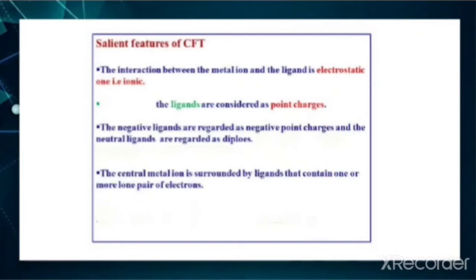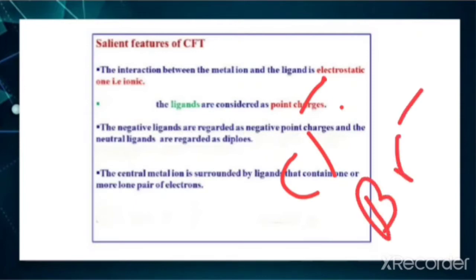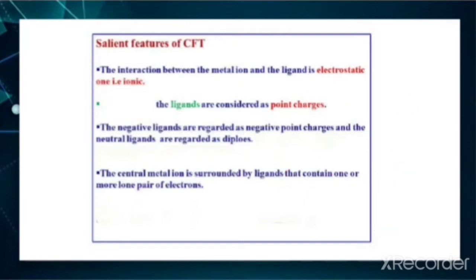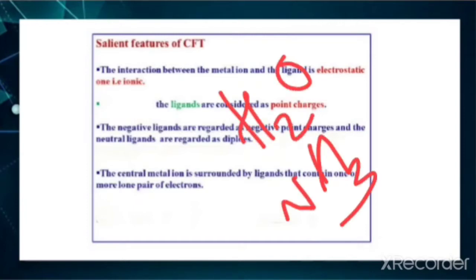According to crystal field theory, the ligands are considered as point charges. Negatively charged ligands like Cl negative, Br negative act as negative point charges, and ligands which are neutral, like NH3 and H2O, act as dipoles.